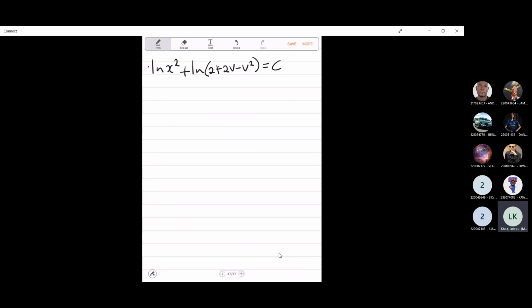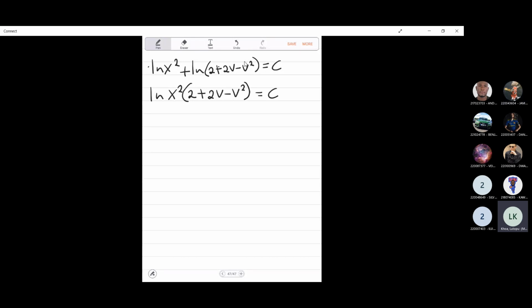Okay, then combining these two, this is big X, but big X and small x are the same, so it doesn't really matter. Okay, so what I have here is ln of x squared times 2 plus 2v minus v squared is equal to c.